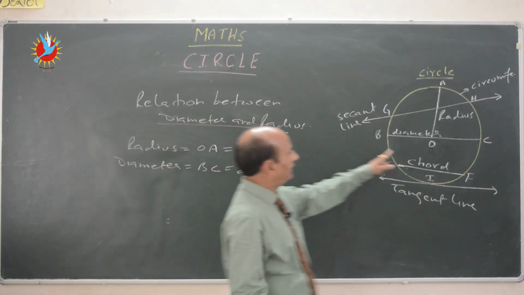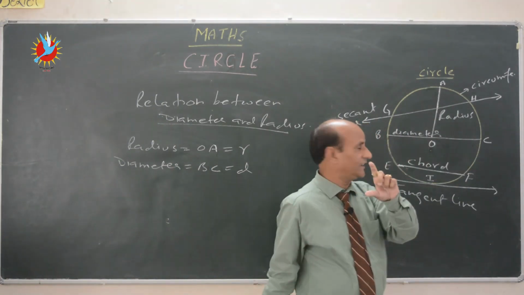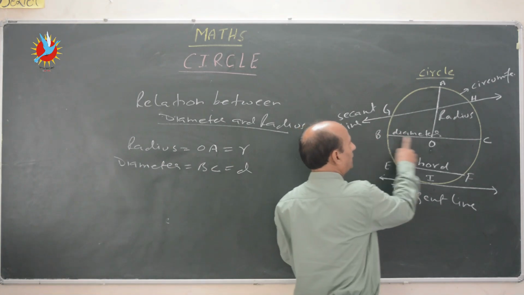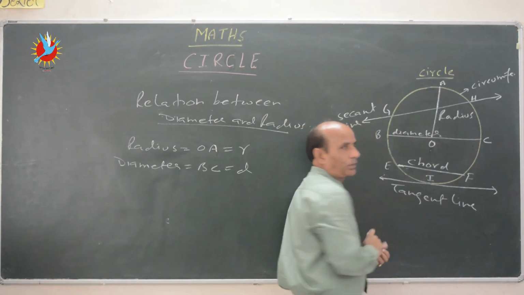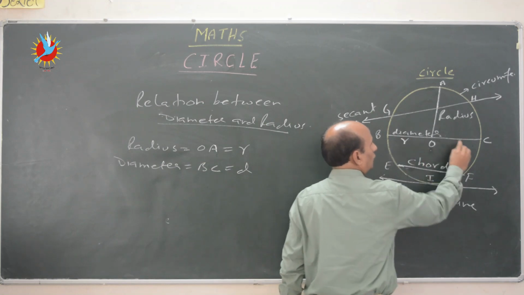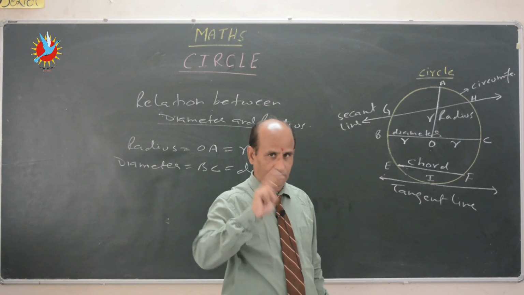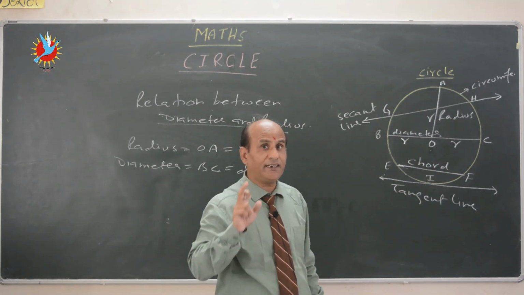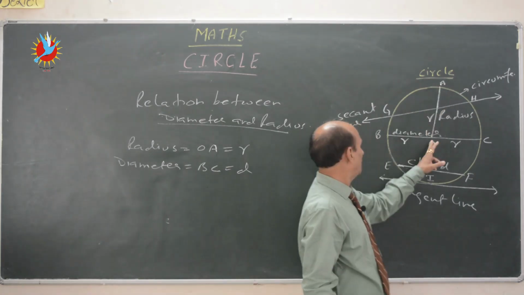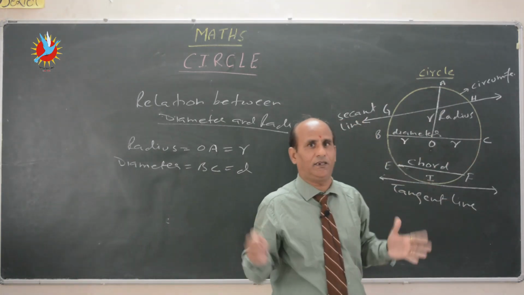Now from this figure it is clear that BC is a diameter, but if we divide this BC, it provides 2 equal parts, that is BO and OC. And what is BO? BO is a radius and OC is also a radius, because I have told you that there are infinite radii inside the circle. So OA is a radius, OB is a radius, OC is a radius, and all the radii must be equal.